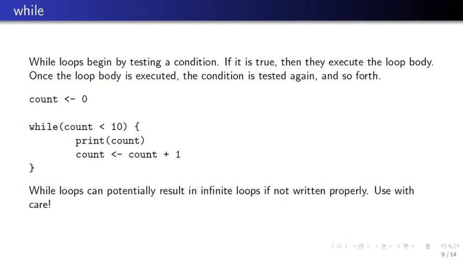So as soon as the value of count gets to 10, the loop stops, and then it'll go on to the next body of code. So the while loop is useful because it makes things easy to read sometimes. It's very obvious here that this loop is supposed to stop executing when the value of the count variable is 10 or more.